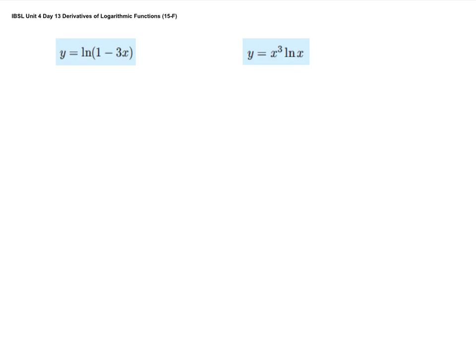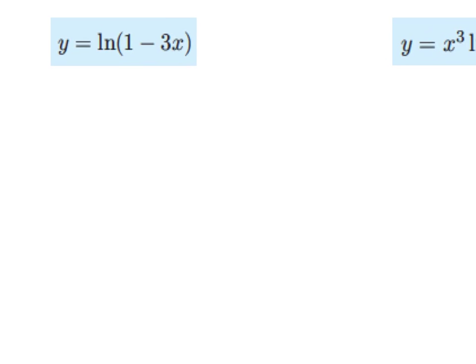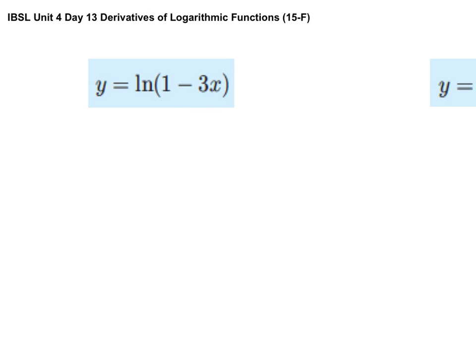So, let's see this in action a few times, practicing. Here we have the derivative of ln of 1 minus 3x. So, dy dx. The derivative of the ln of something is 1 over that something.